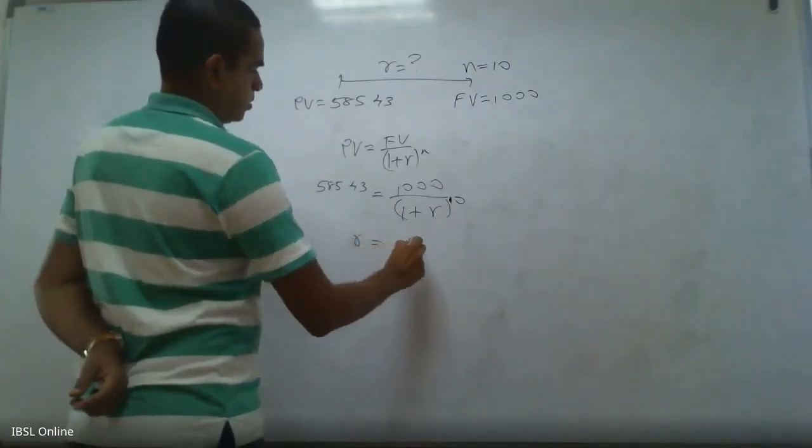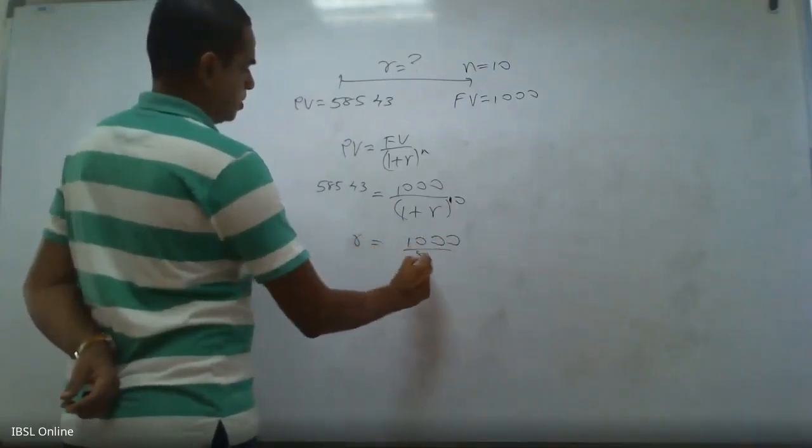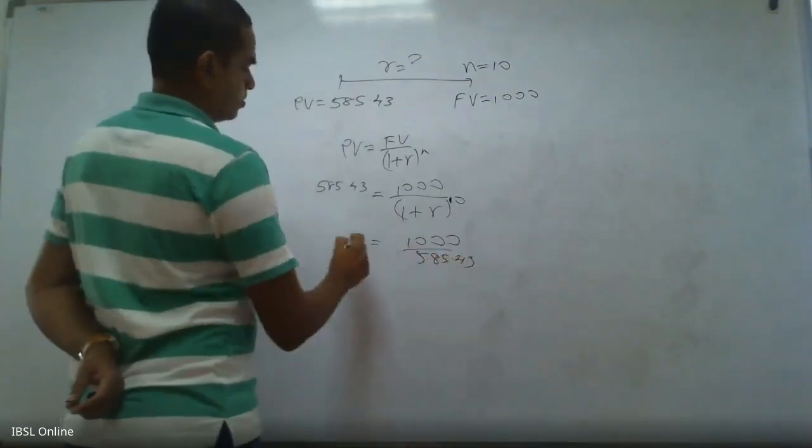So 1 plus the interest rate to the power 10 is 1000 divided by 585.43, right? So I have cross multiplied.